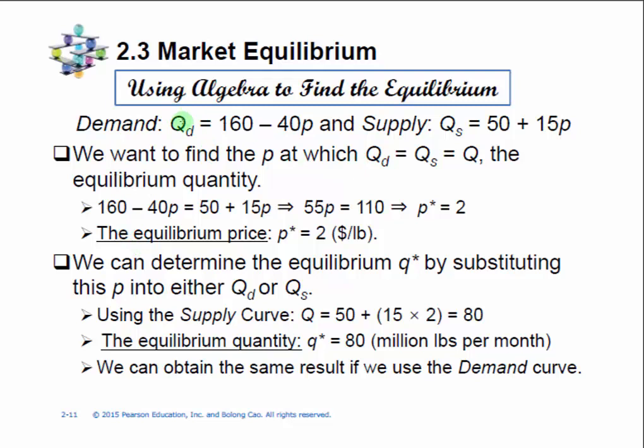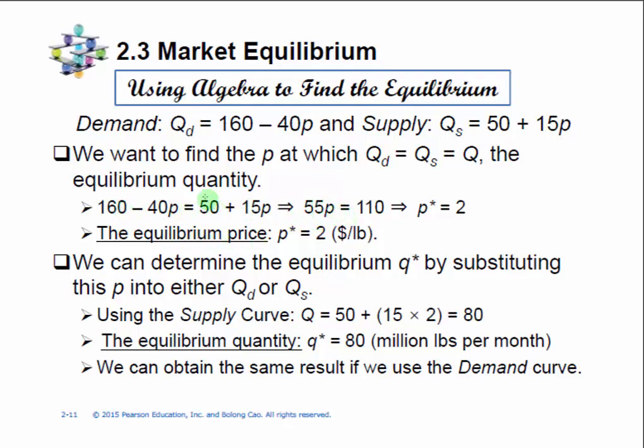The easy thing to do is to equate the quantities, and then we can solve for price. So 160 minus 40P equals 50 plus 15P. We move the 40P to the right side of the equation, and it becomes 40 plus 15, so 55P equals what?